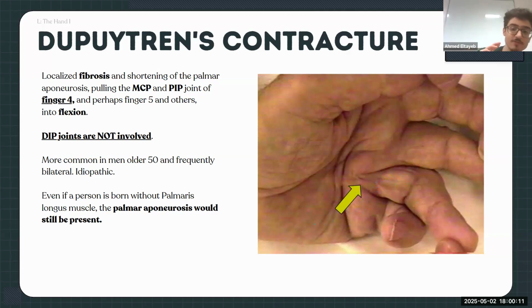It can also sometimes involve your pinky. Now, something to note here is that the distal interphalangeal joint is not affected at all, or not involved. What is involved is your metacarpophalangeal and your proximal interphalangeal. Okay? Again, this could happen to anyone. It's idiopathic and it's more common in men, not women, who are older than 50.